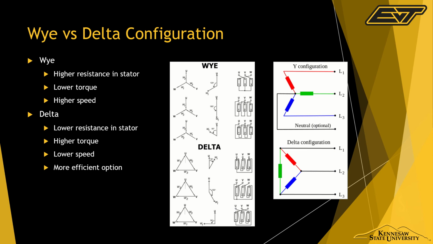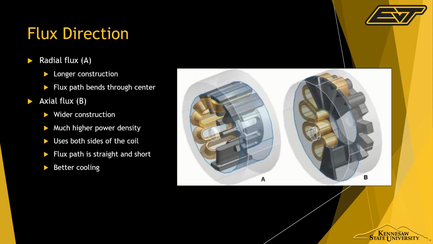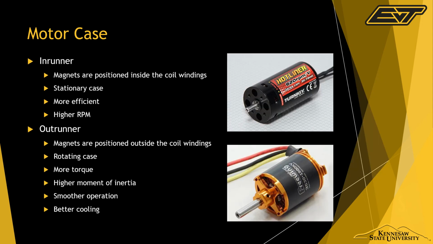And if we change that configuration, we can damage our motor over time, because we're putting more stress on the motor than what the designer intended, whether that be volts or amps.